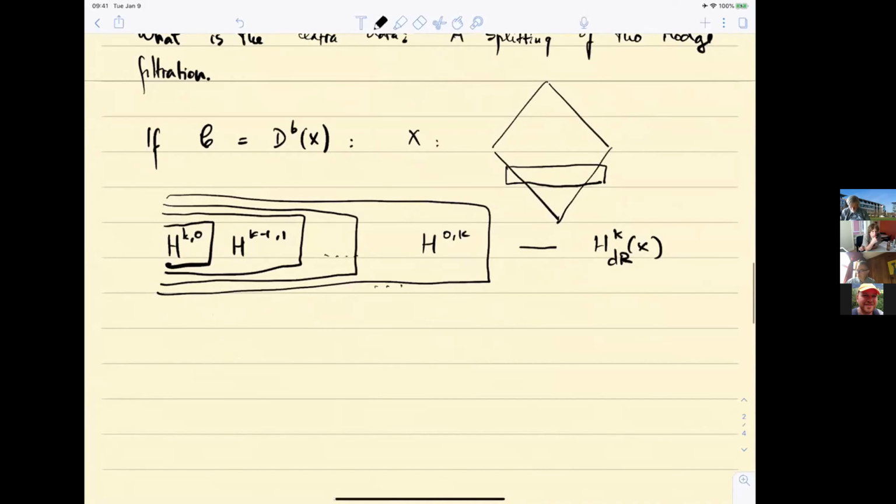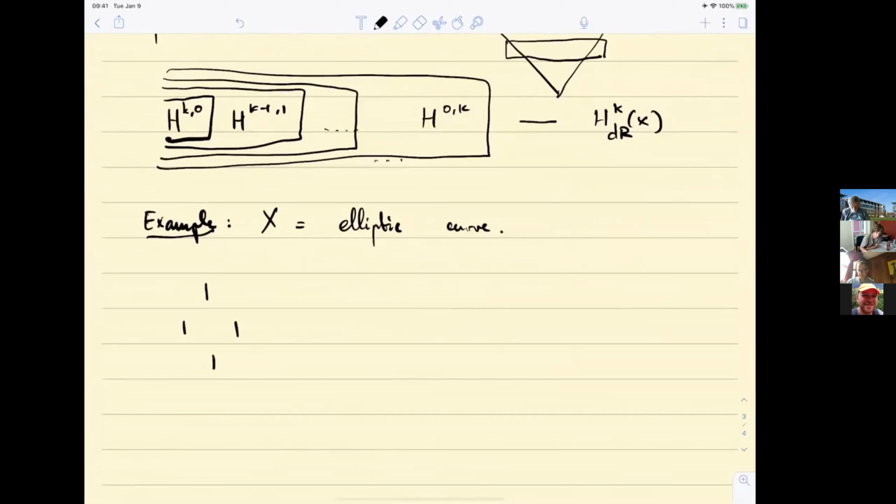So maybe let's do a very specific example. Let's try to do the case X equals an elliptic curve. In that case, the Hodge diamond looks like this, and the only place where an interesting Hodge filtration exists is here.